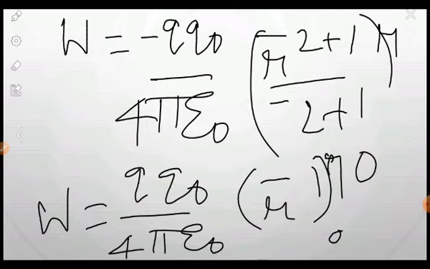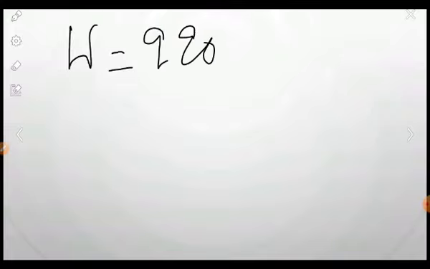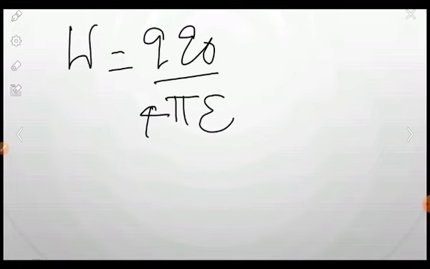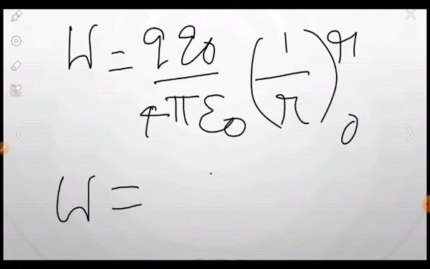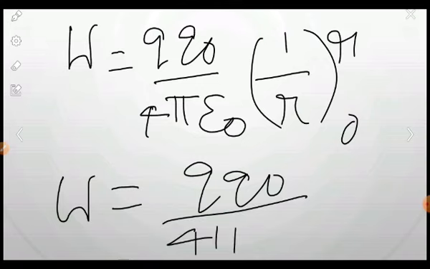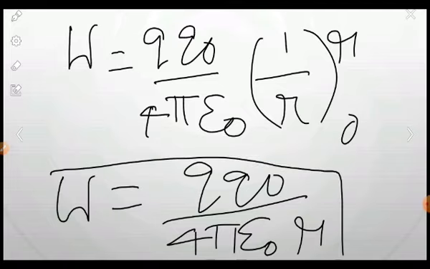So substituting the limits, we have W equals Q naught by 4 pi epsilon naught 1 by r. So W equals Q naught by 4 pi epsilon naught into r when you substitute this.